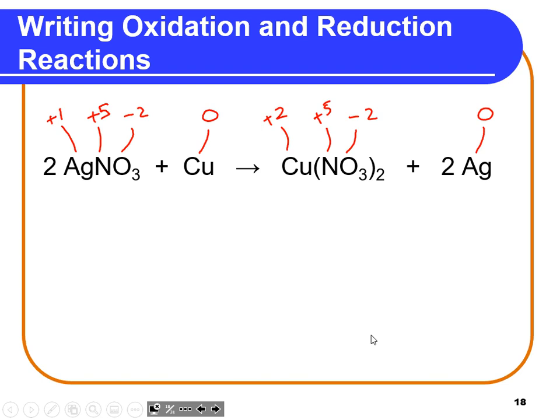I want to look to see where my changes are. And I can see, first of all, usually if I have something that has a 0, it is going to be changed from one way to the other. So I see that copper right here has a 0. Copper has gone from 0 to +2.